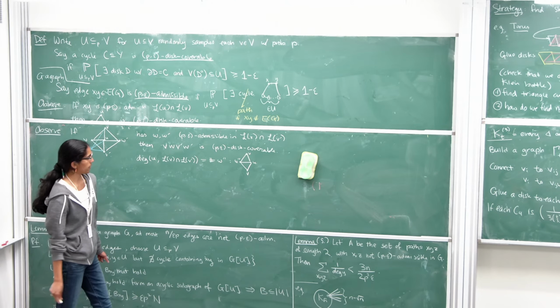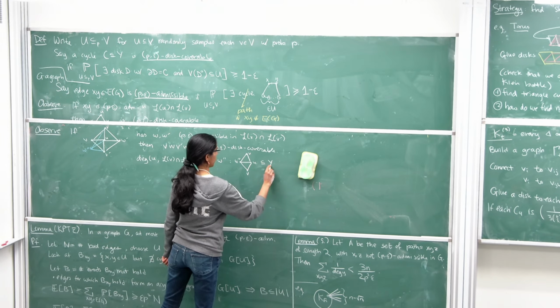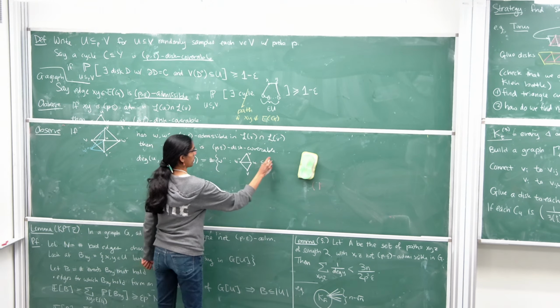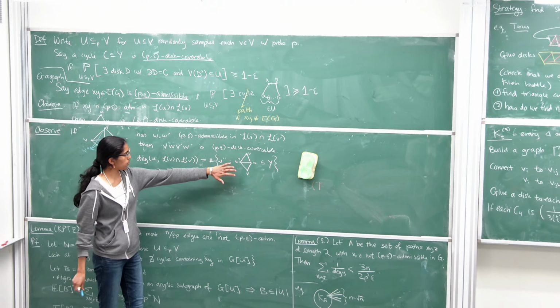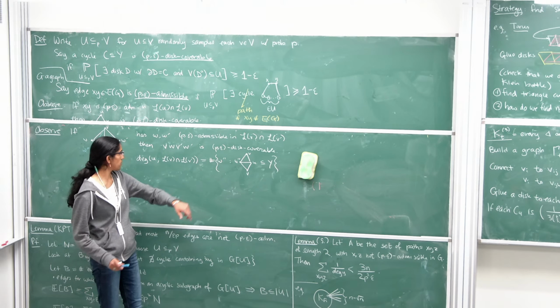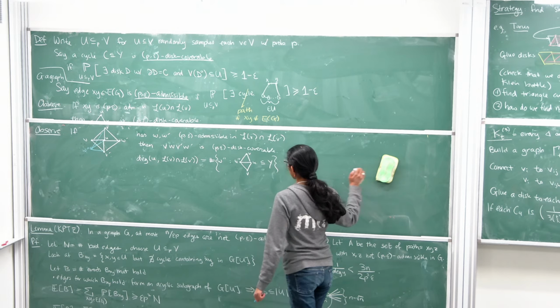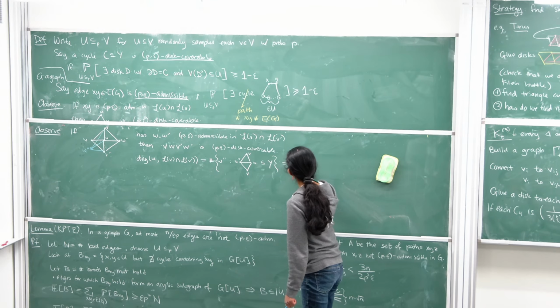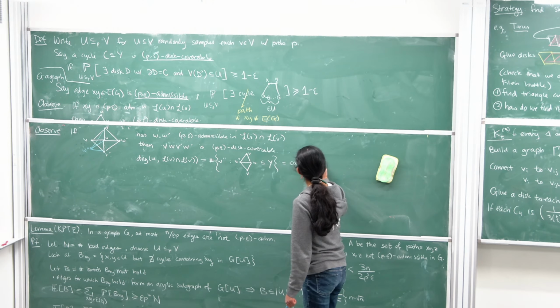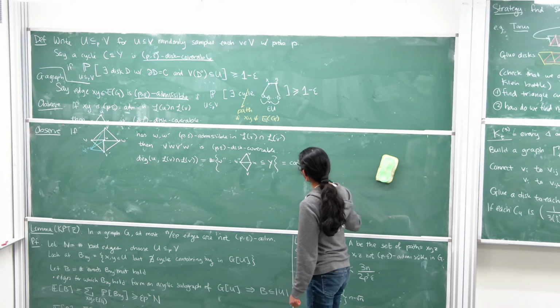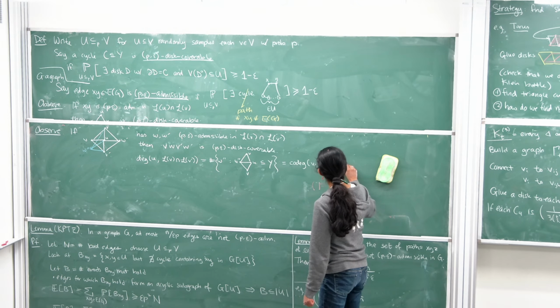And if we look at this picture and sort of turn it 90 degrees, we see this is the same thing as the codegree of v and v prime in the graph L of u.